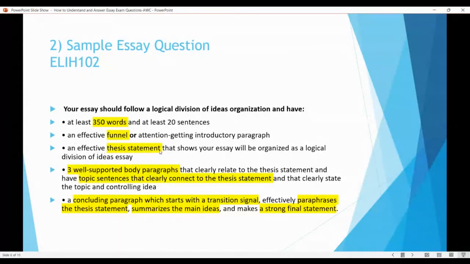An effective thesis statement that shows your essay will be organized as a logical division of ideas essay. Again, the thesis statement is very important here. Now, if you have a one paragraph essay, you don't need to write a thesis statement. But if you need to write a 5-paragraph essay, it's a must. You need to write a thesis statement.